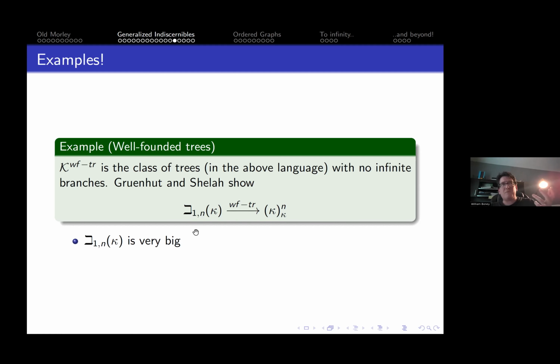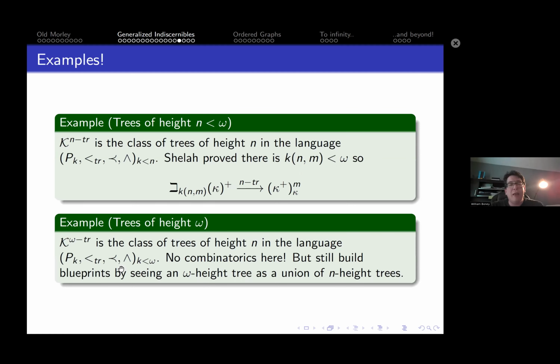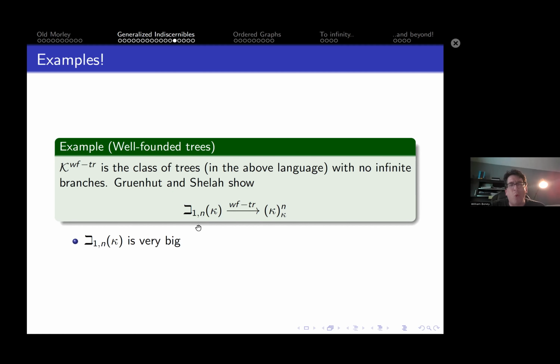Beth sub n means that you iterate the 2 to the operation n many times. Beth sub 1 n, instead of iterating the 2 to the function, you iterate the beth sub 2 to the plus, this sort of Hanf number threshold. You iterate that n many times. So this gets very big very quickly.